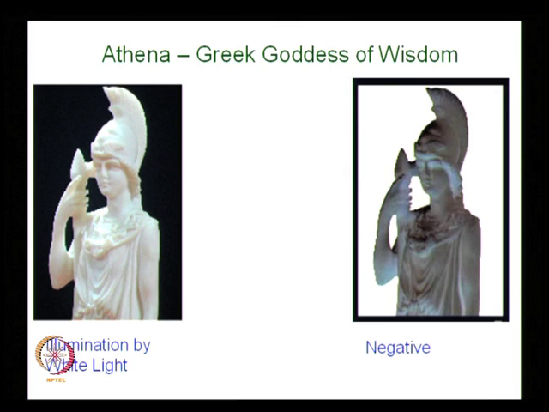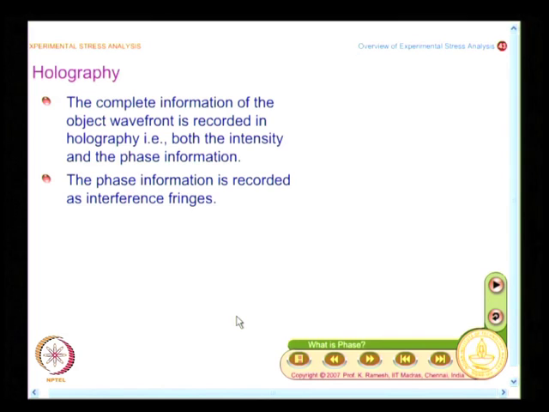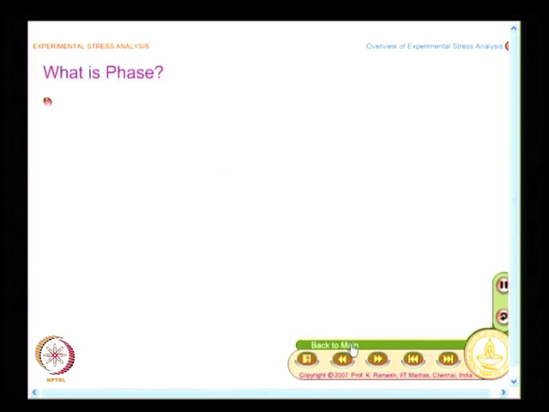Now, we go back and find out what holography is all about. In holography, I record both intensity and the phase information, and now you have to know what phase is.